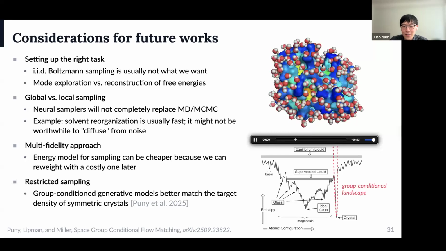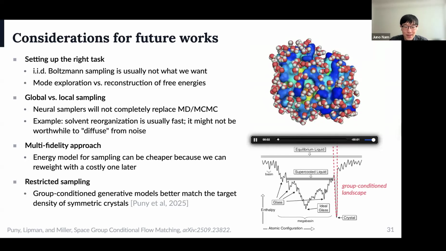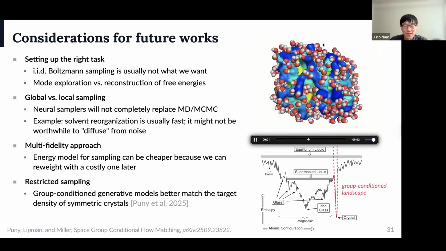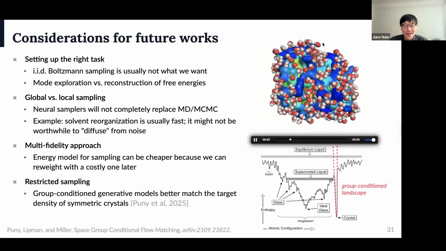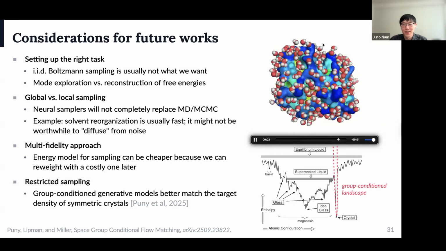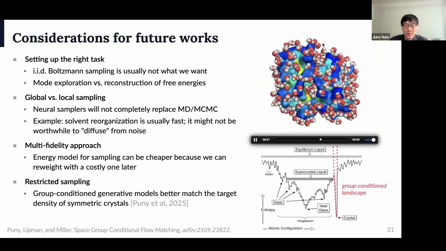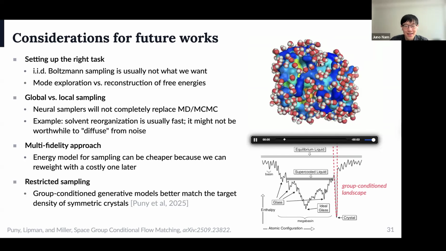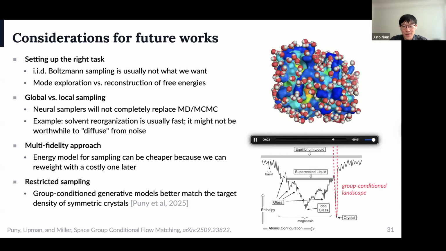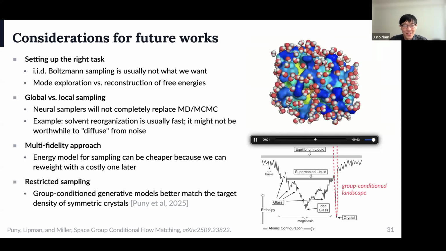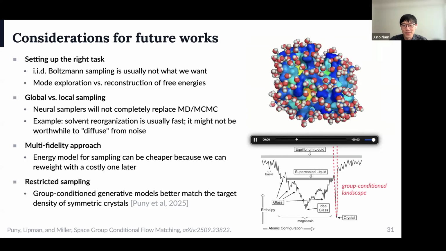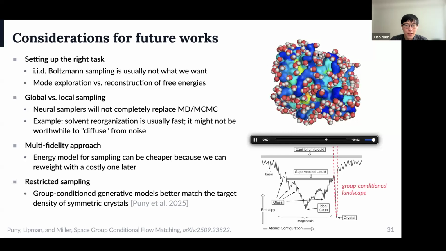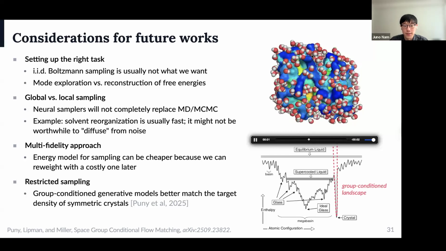But usually this protein is solvated in water, and the movement of water molecules is pretty fast. So unless the water is bound in a very specific position, there are no well-defined modes for water. And water sampling could easily be done with time-correlated samplers like molecular dynamics as well. So we have separated time scales for different parts of the system.